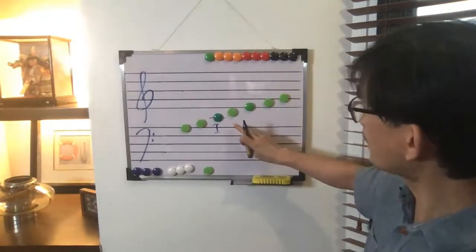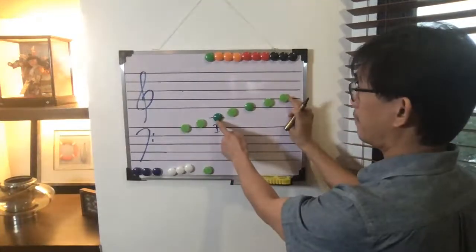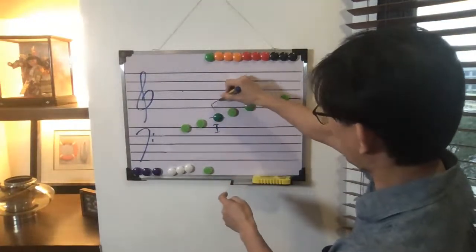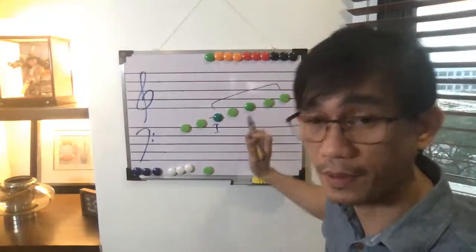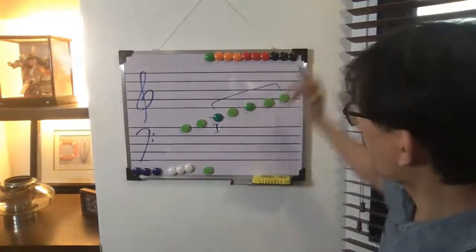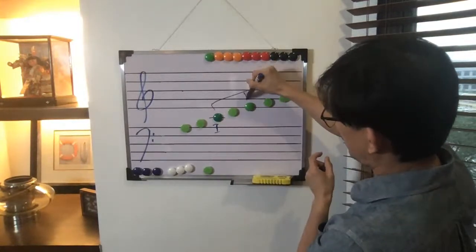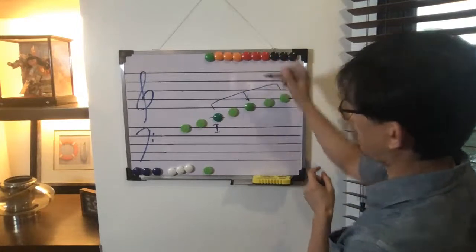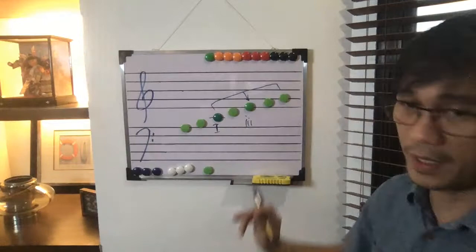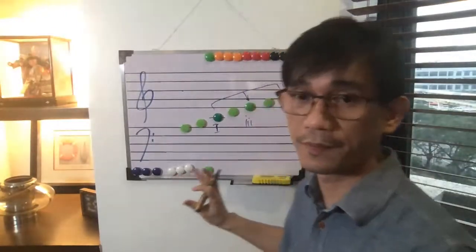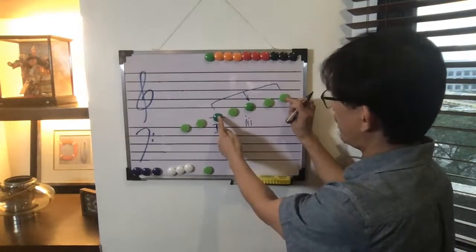Now, from the tonic to the dominant, when you divide the distance into two equal intervals, you arrive at this note, which would be called the median, because that's the middle note between the tonic and the dominant.